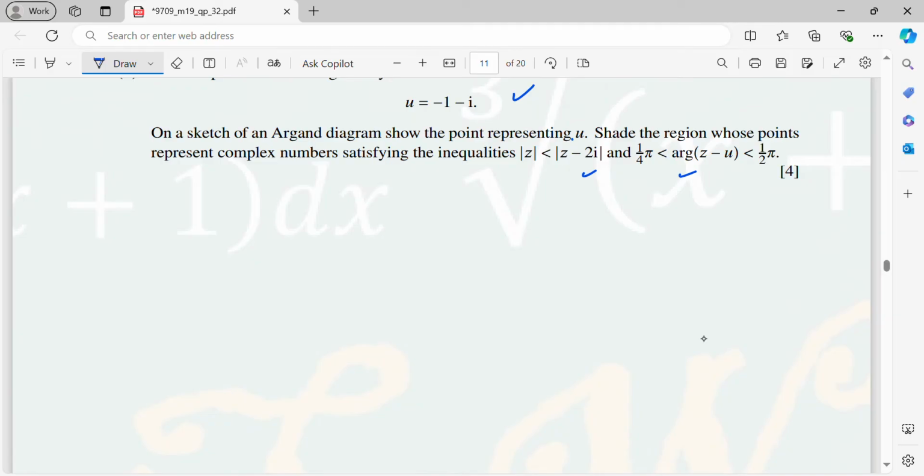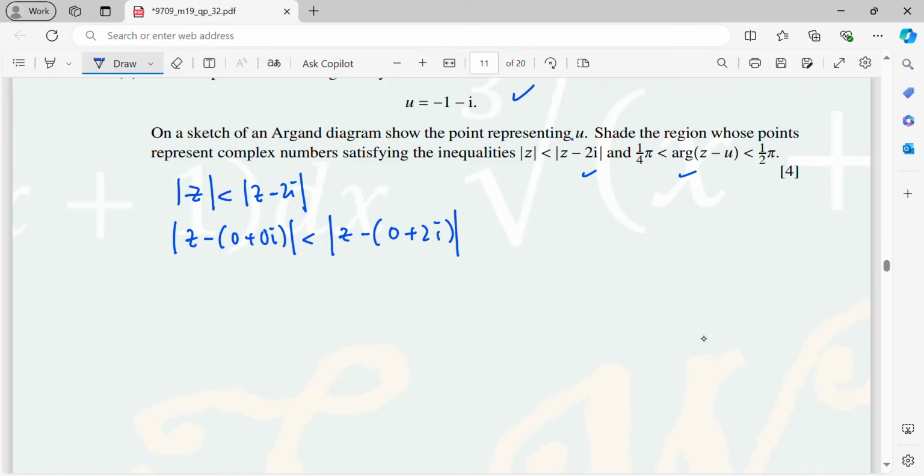Okay, so now here the first one, this is same as modulus of z minus (0 + 0i). If it is equal sign, that will be the perpendicular bisector. So 0 plus 2i.